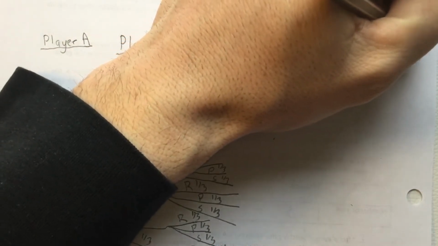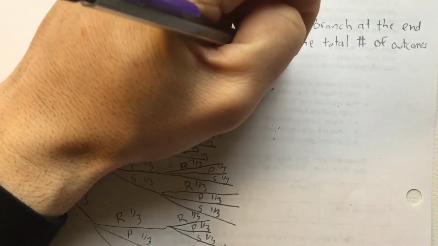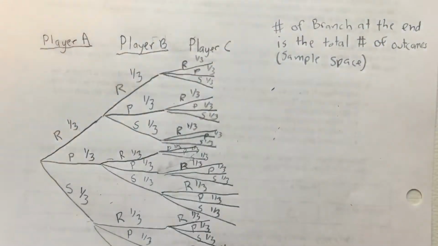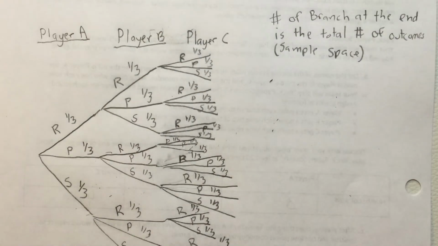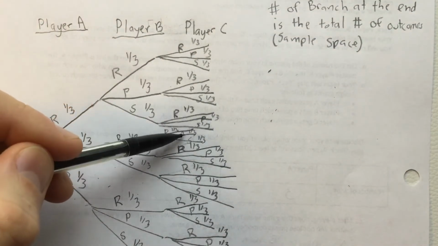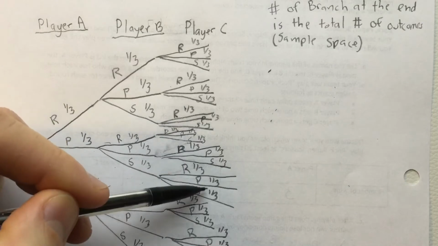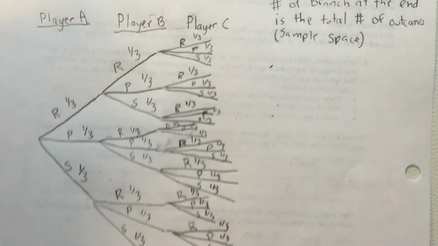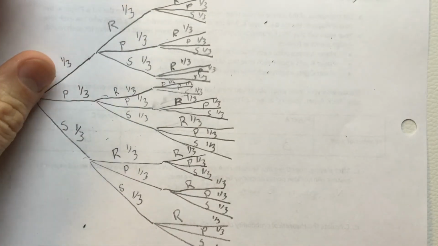And again, that's what we call the sample space. So in this case, we have 1, 2, 3, 4, 5, 6, 7, 8, 9, 10, 11, 12, 13, 14, 15, 16, 17, 18, 19, 20, 21, 22, 23, 24, 25, 26, 27. We have 27 total outcomes here.